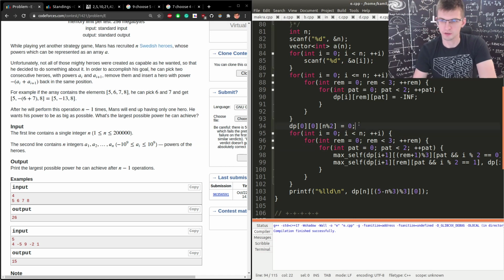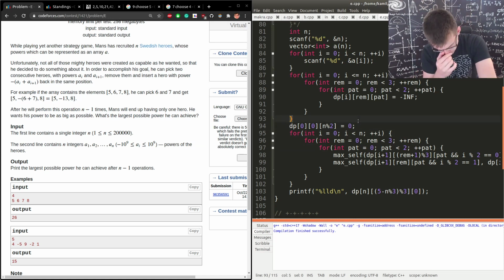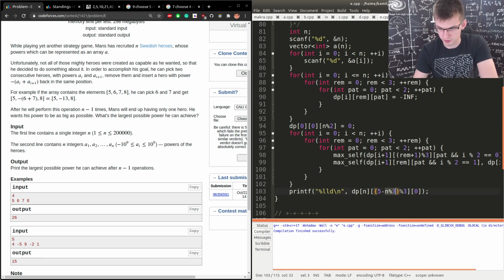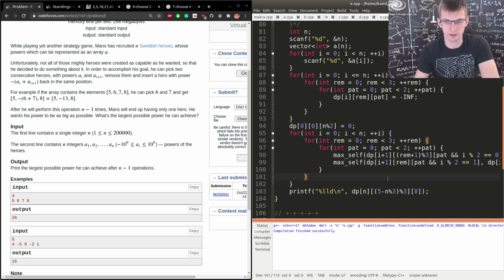Why doesn't this work for n equal to 1? 5 minus 1 modulo 3, this is 1. The pattern is allowed for n equal to 1.